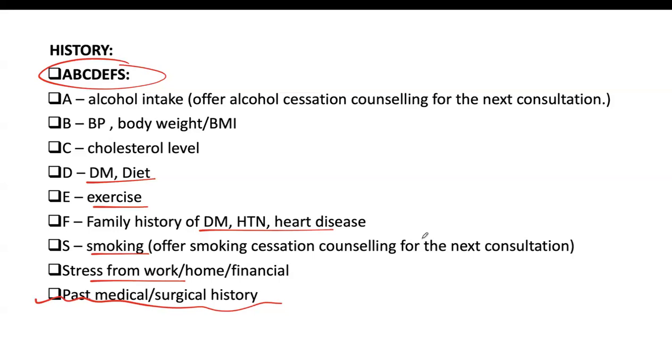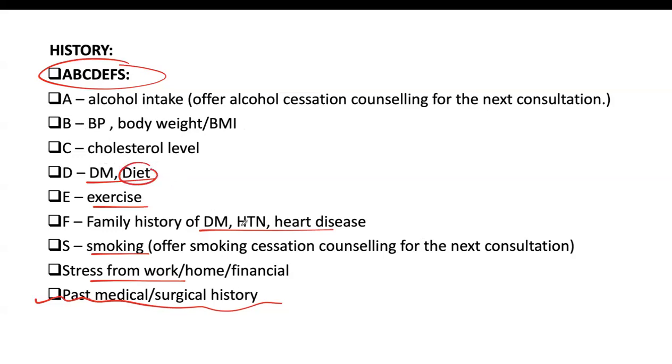Once you have asked the symptom questions, then you go to the ABCDEFS questions. You can ask one by one: do you smoke or drink alcohol? Do you have high blood pressure? Are you aware of your BMI or your body weight? How about any history of high cholesterol? Do you exercise? Do you have a healthy, balanced diet?